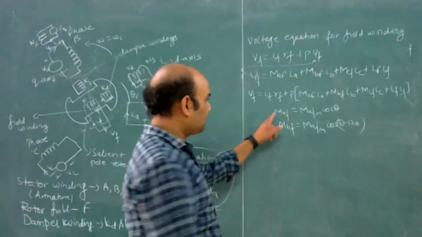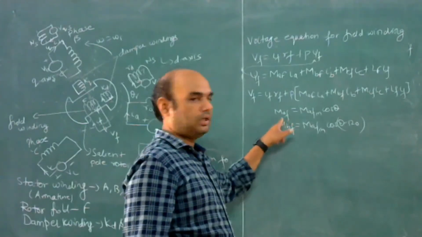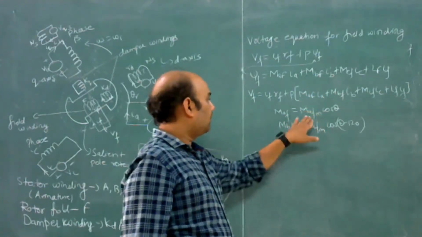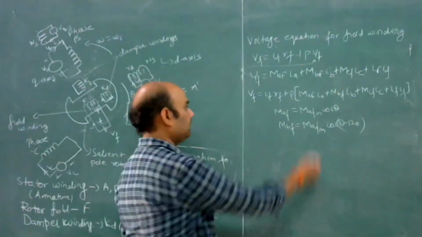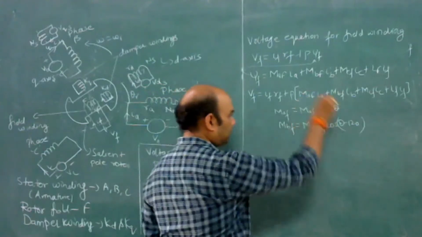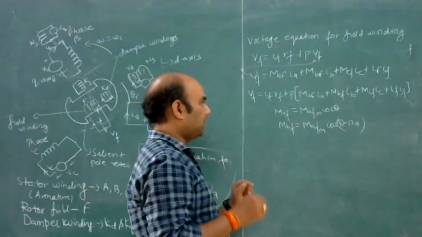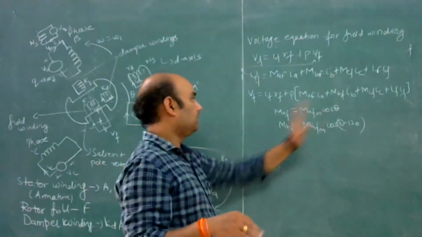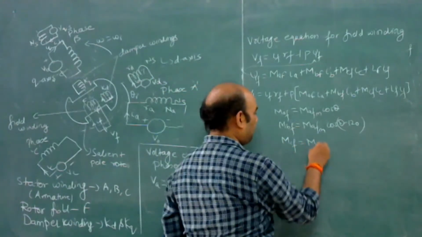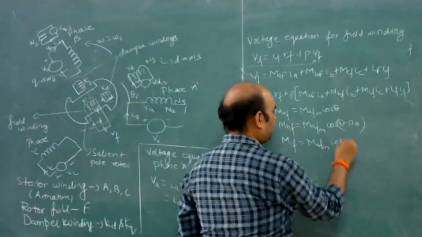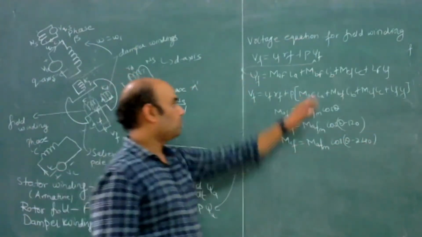So mutual inductance between armature, that is stator, and rotor is maximum as theta is equal to 0 and it is 0 as theta is equal to 90. So the variation of this mutual inductance follows the cosine. Okay. So MCF is equal to MAF cos theta minus 240 degrees. So substitute the values here.